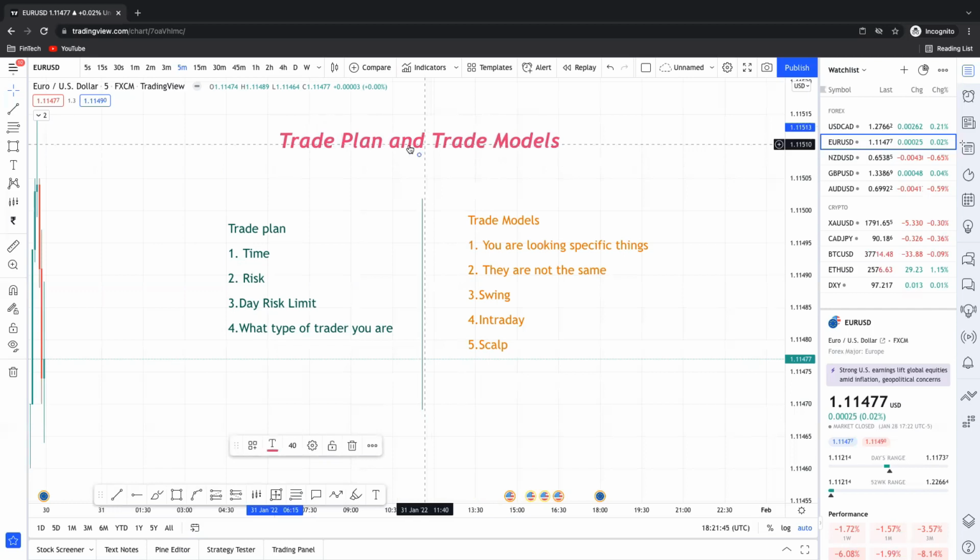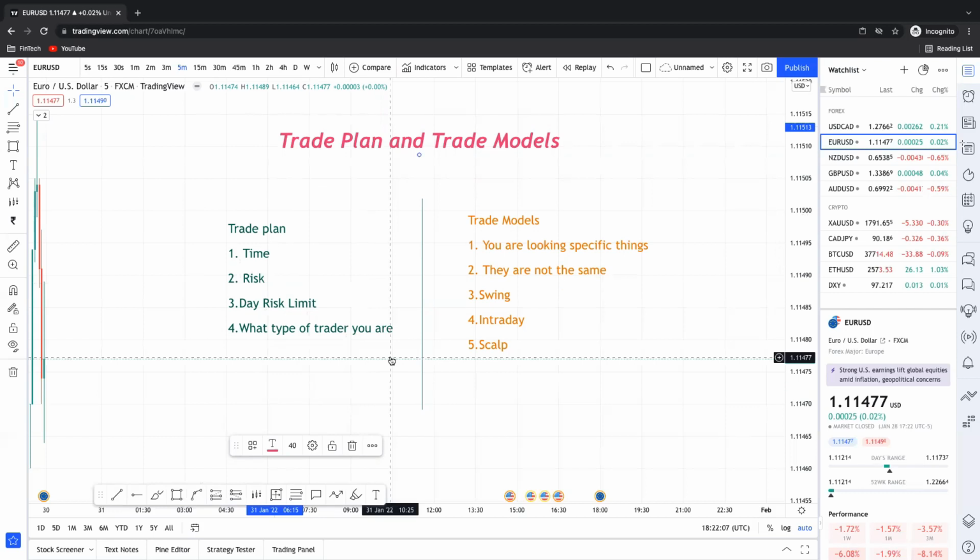Trading plan and trading models. They are both different things, they are not the same. Typically you should have a clear-cut trade plan. If you watch throughout the videos, you should have a written plan, and you should follow that plan, otherwise it's not going to work.